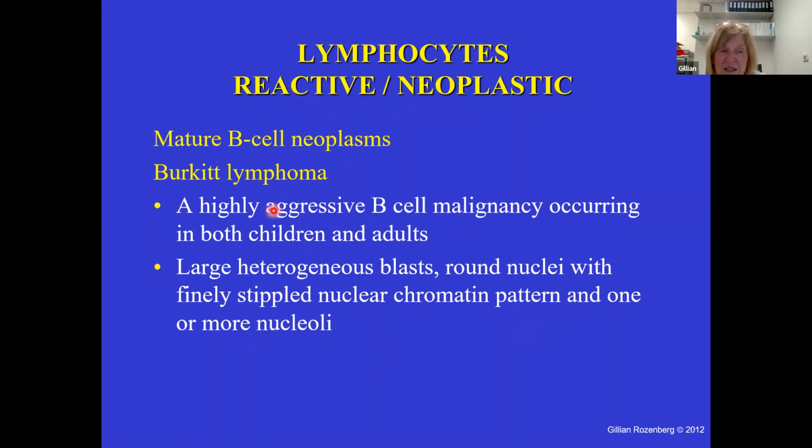So now Burkitt's lymphoma. It's a highly aggressive B-cell malignancy occurring in both children and adults. The cells are large, heterogeneous blasts. They have round nuclei with finely stippled nucleochromatin pattern and one or more nucleoli.